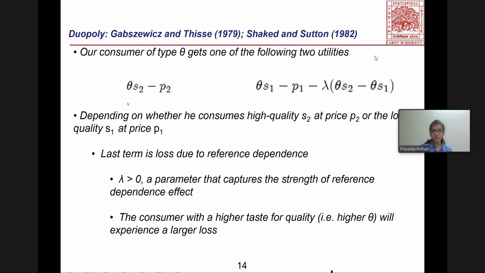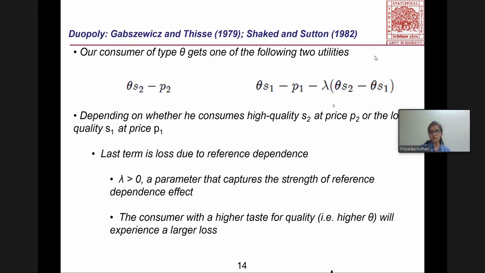So theta S2 is the utility that he derives by consuming the high quality product 2, and P2 is the price that he pays. But when the consumer of type theta consumes the low quality product, he feels a sense of loss, that there was a better quality product in the market that he is losing out on, and that takes away from the utility. That term is captured by the last term in the second equation.